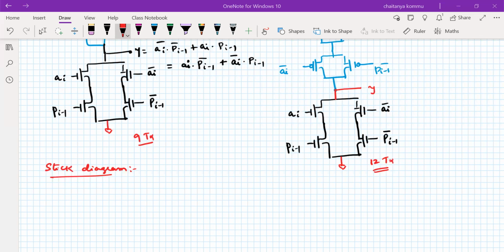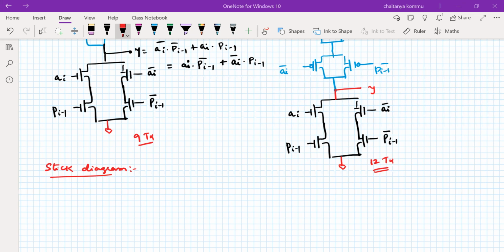There is no color diagram, I think. Yeah, there is no color diagram. We have a monochrome diagram available. So just for the sake of understanding, I want to show how to draw the stick diagram for this one. We know very well how to draw the stick diagram.